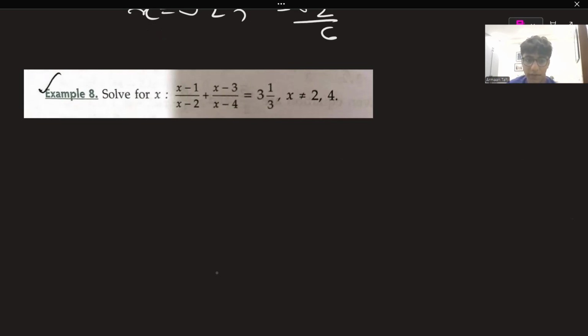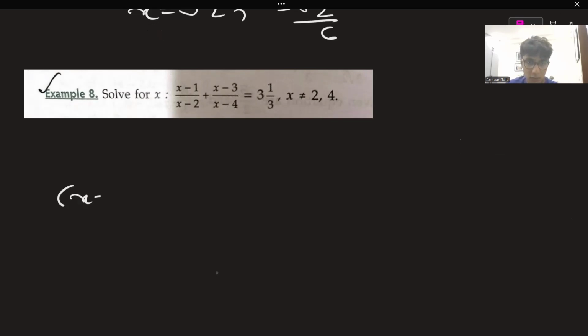So how will you do that? We need to remove the denominator from here, right? So for that, our LCM for the entire thing would be x minus 2 times x minus 4, right? And for this, we have to multiply this first term by x minus 4.